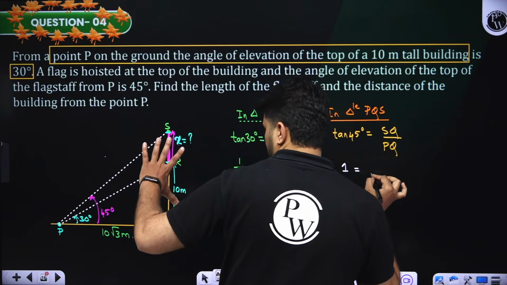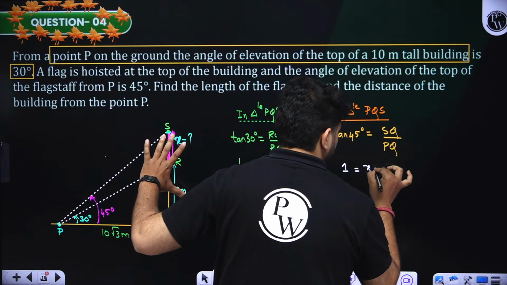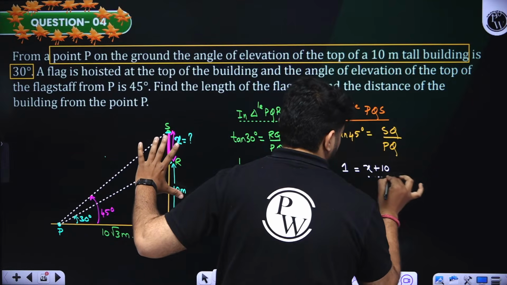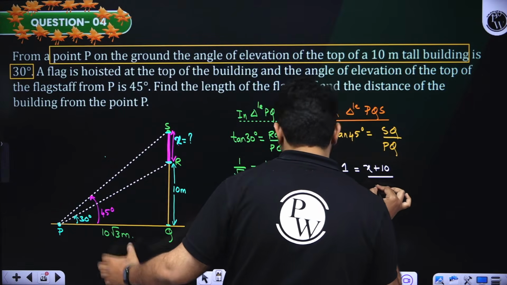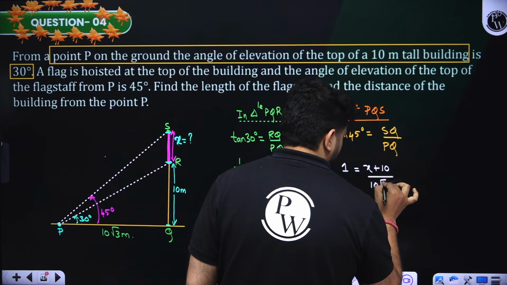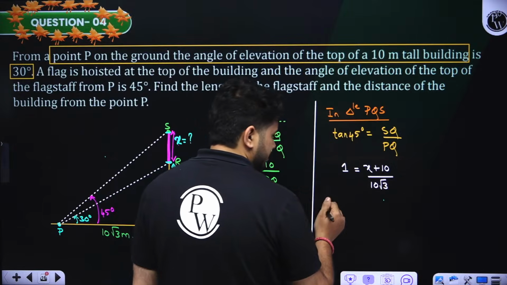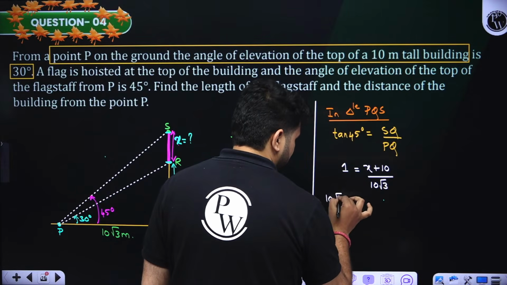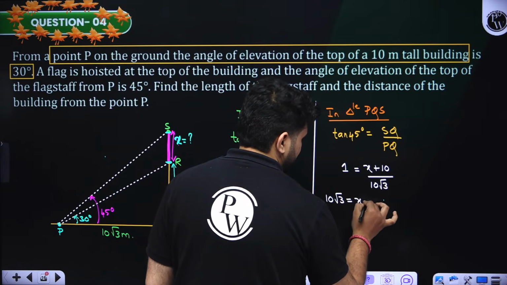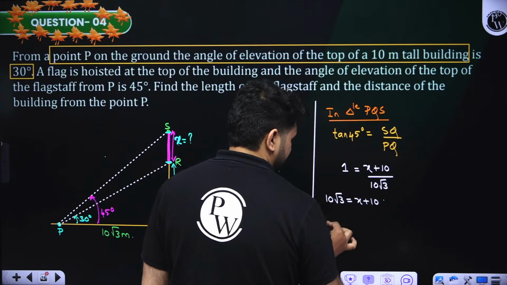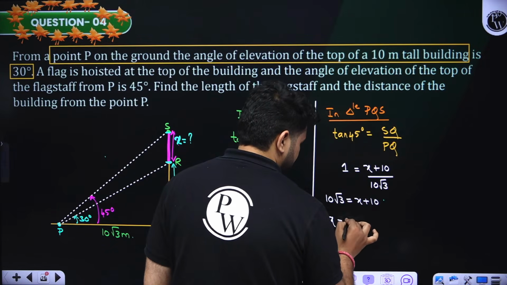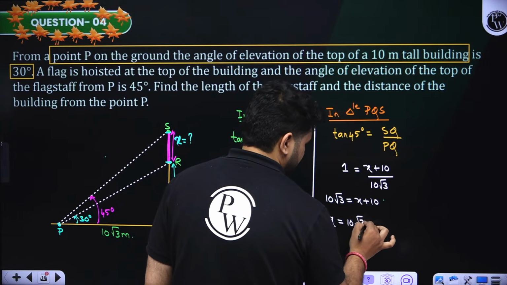SQ, students, completely it will be x plus 10, divided by PQ. PQ is nothing but 10 root 3. So 10 root 3 is equal to x plus 10, or x is equal to 10 root 3 minus 10.